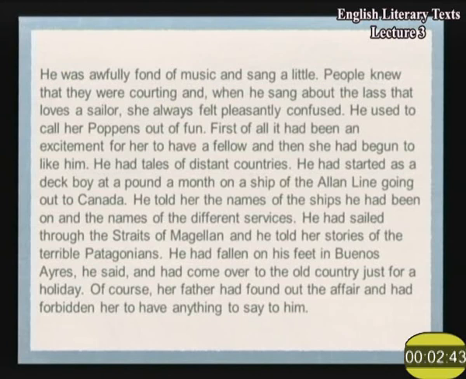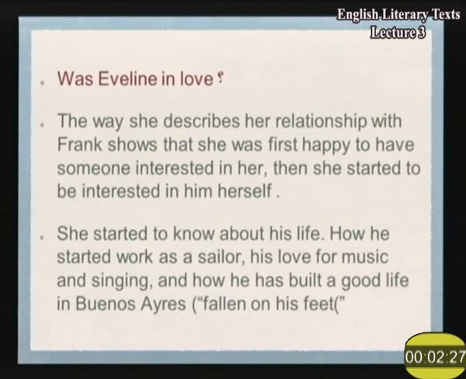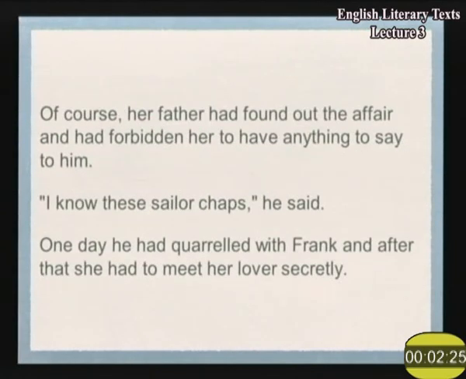And the father learns of the affair and asks her not to see him anymore. Of course, her father had found out the affair and had forbidden her to have anything to say to him.